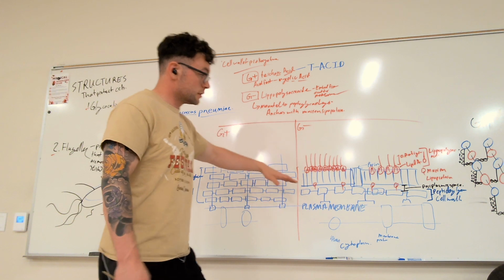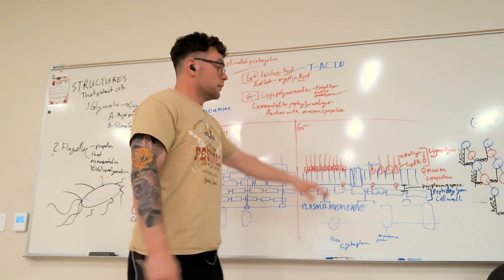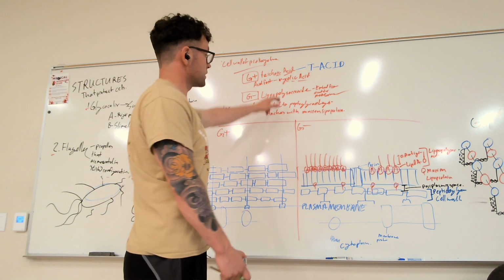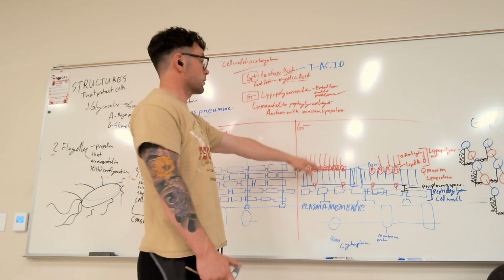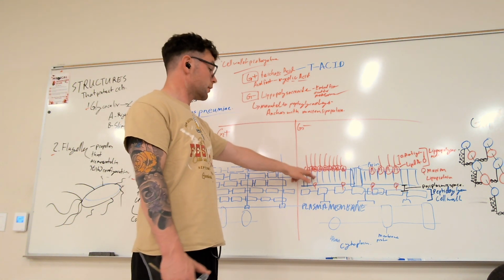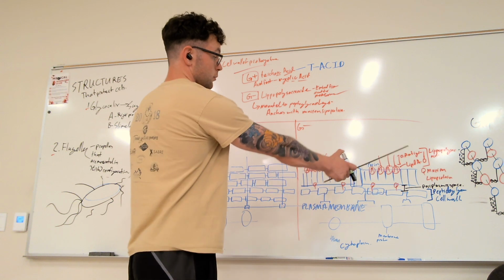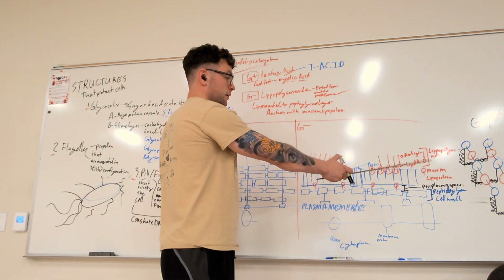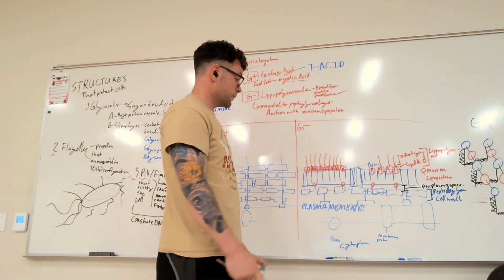And then this membrane has things called lipopolysaccharides that are mounted to this outer membrane. These lipopolysaccharides are constituted of two parts: the lipid A and the O antigen.